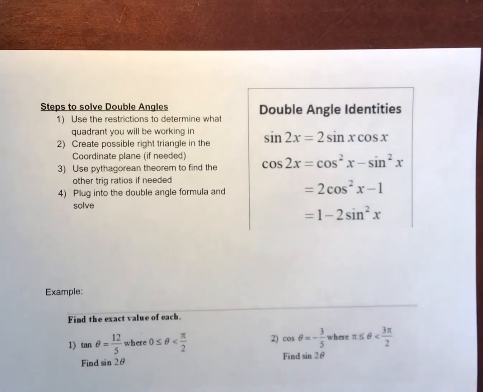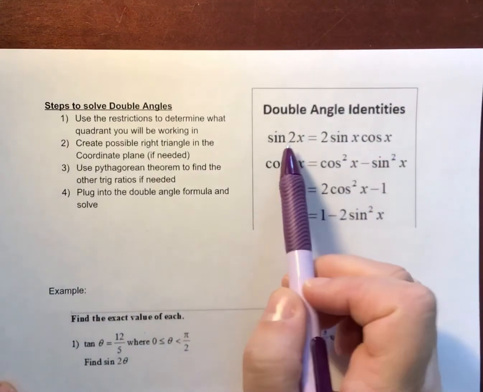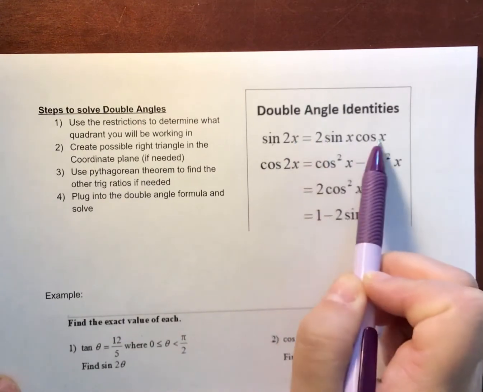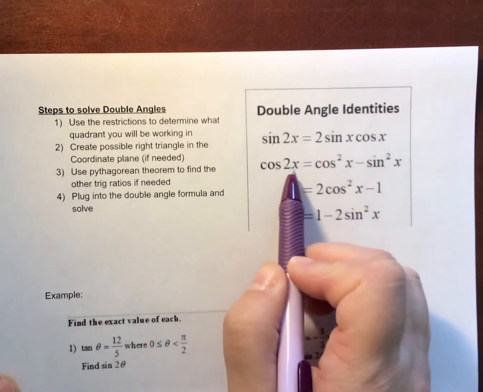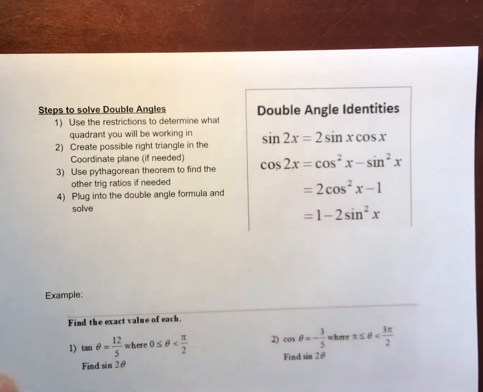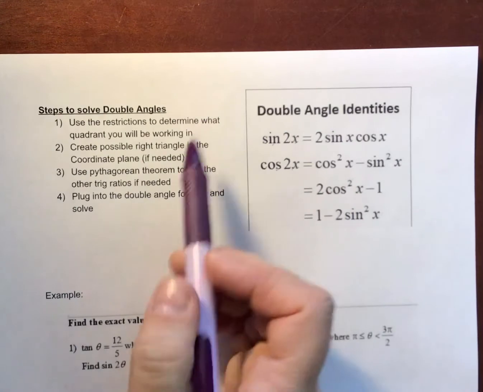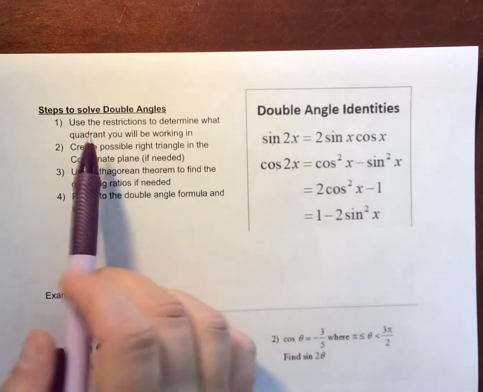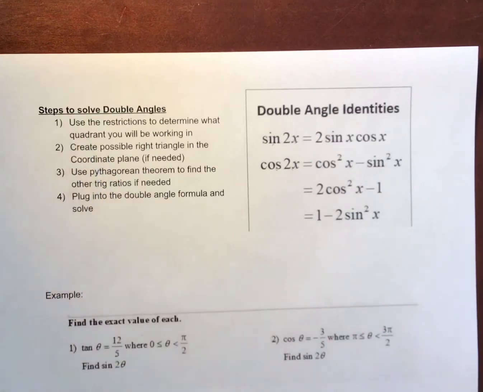Okay, so here are the formulas that I just talked about. Your double angle sine formula, you only have one, would be 2 sine x cosine x. And if they're asking you to find cosine, you have a couple different options here. These are the steps that we'll be using. The first thing we need to do is figure out what quadrant we'll be working in.